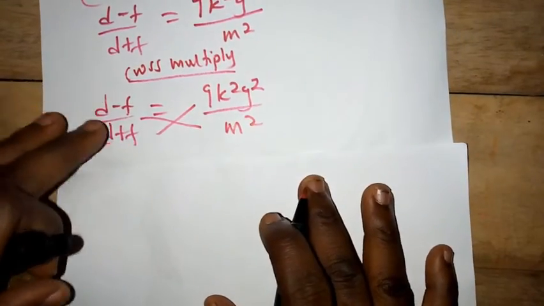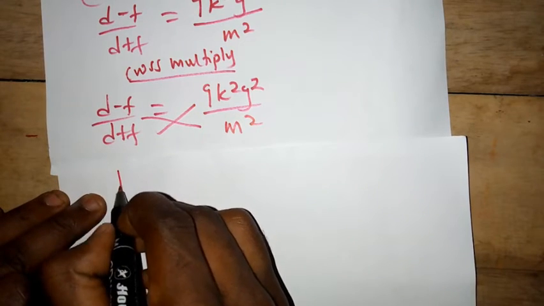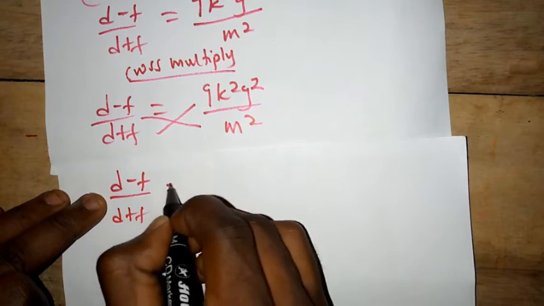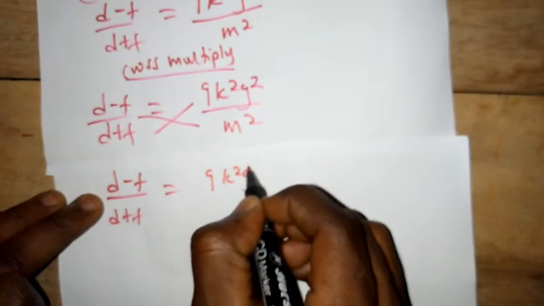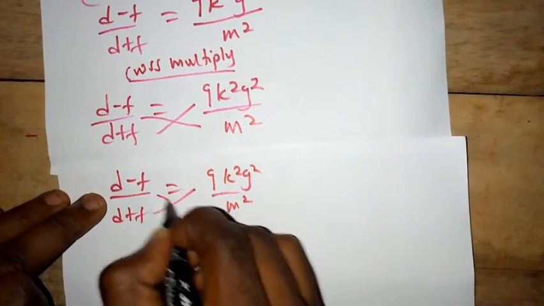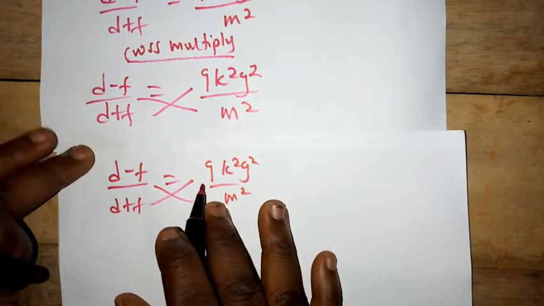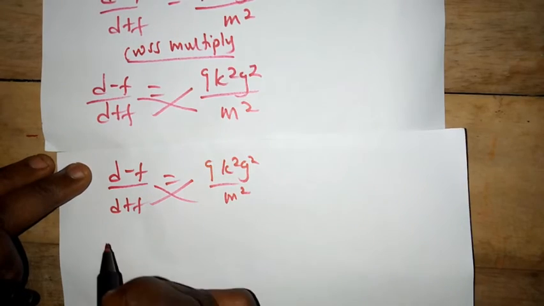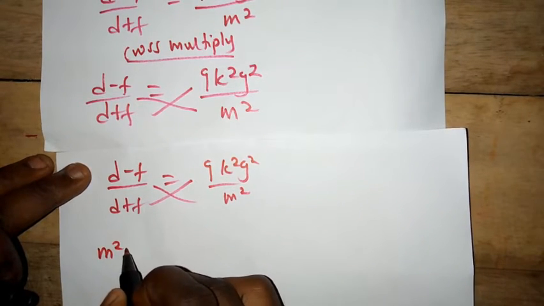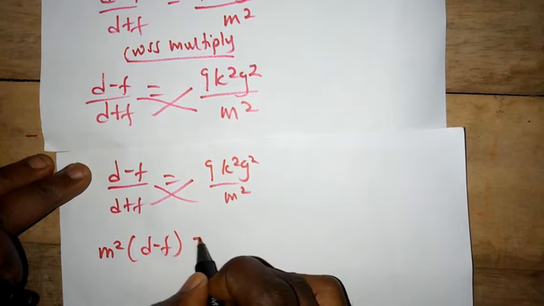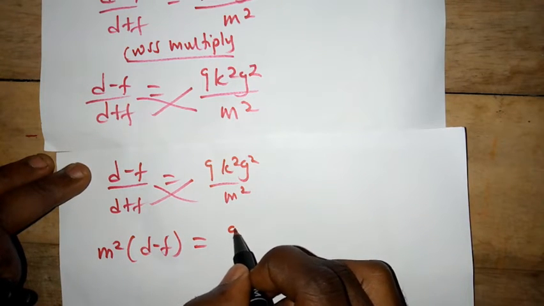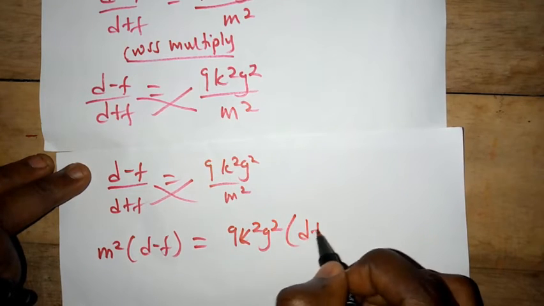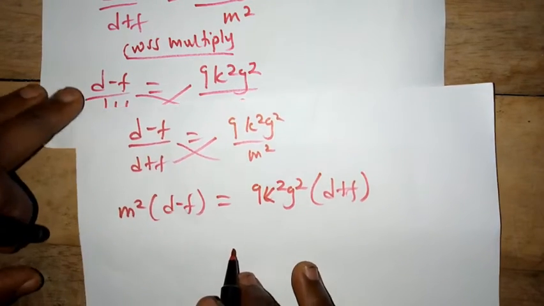When we cross multiply, this multiplies the whole of that, and this multiplies the whole of this. So we have M squared multiplying D minus F here, and we have 9k squared g squared multiplying D plus F also here.